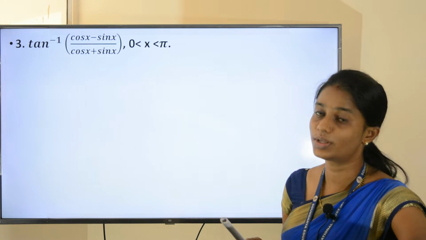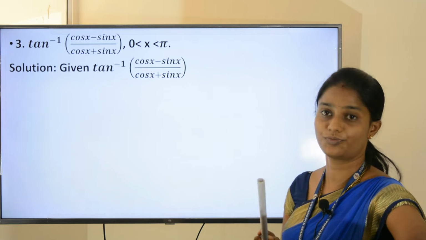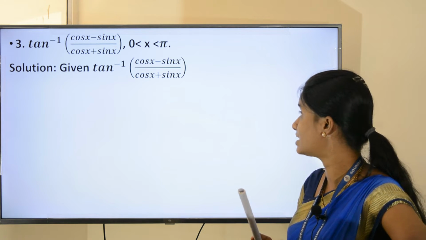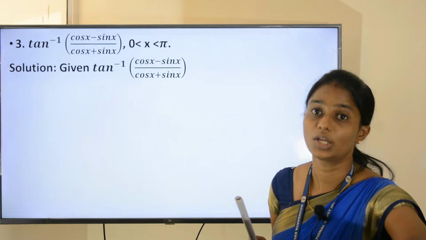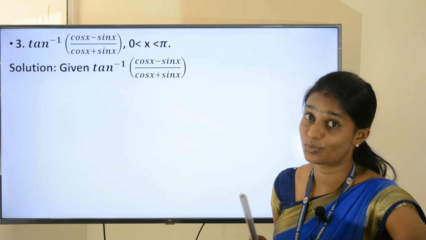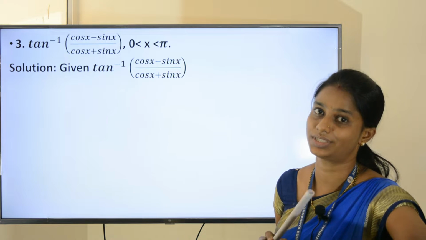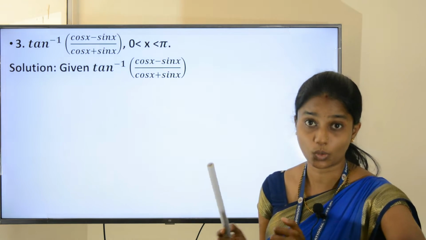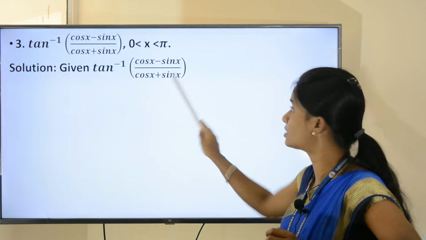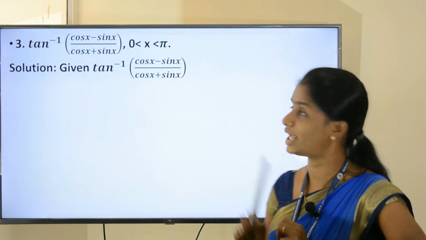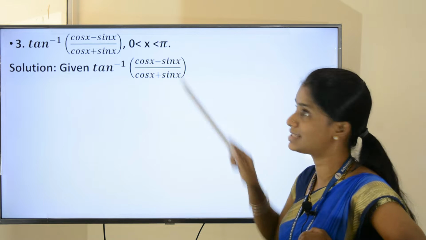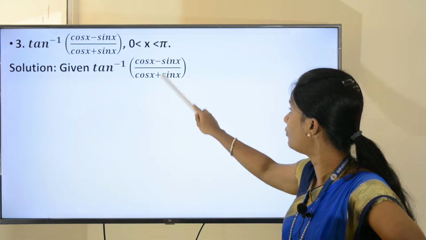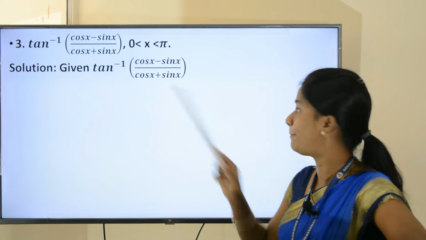So first we'll consider the given function, tan inverse of cos x minus sin x divided by cos x plus sin x. Which formula are we going to choose here? Do we have any formula for cos x minus sin x, or cos x plus sin x? No. If it were cos square x minus sin square x, we have the formula. So we don't have any direct formula to apply here.